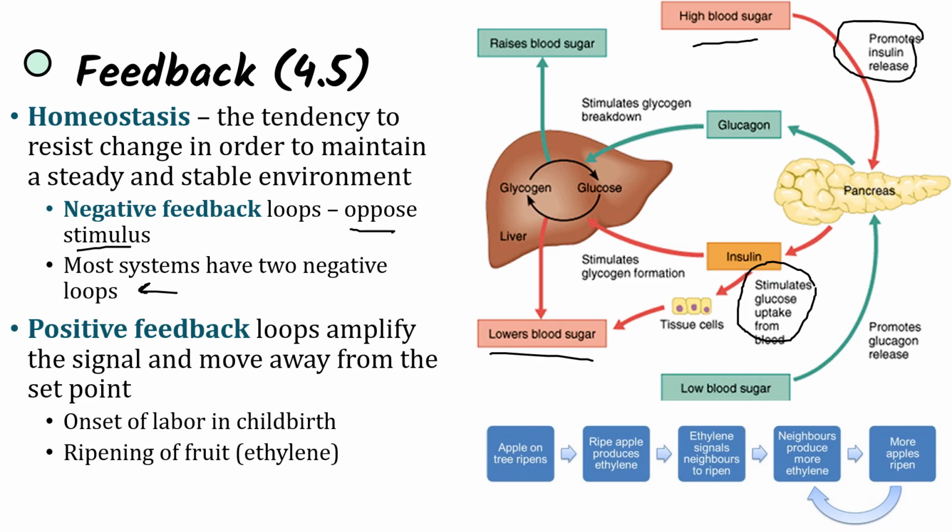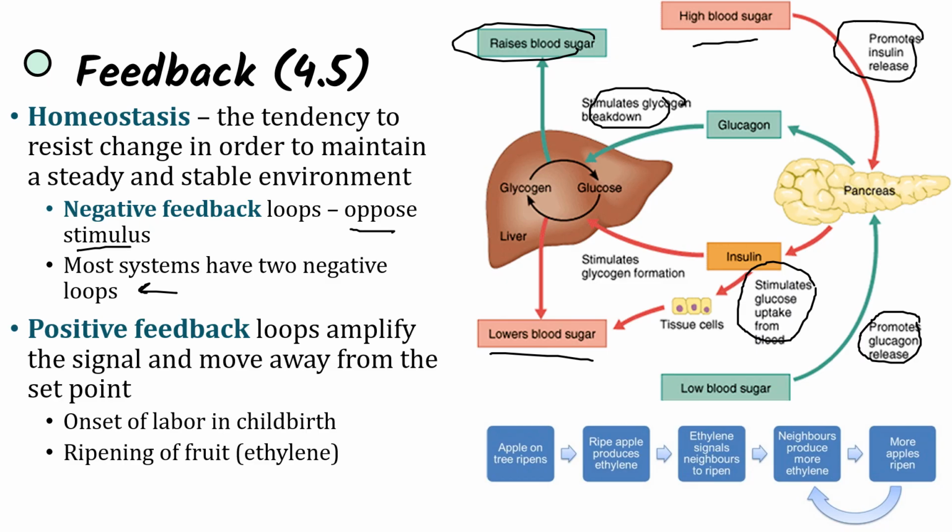Versus when you have a low blood sugar, then we're promoting the release of glucagon, which is then going to break down glycogen and increase blood sugar. So there are two negative feedback loops. And negative feedback does not necessarily mean that we're trying to lower something. It can be that we're trying to raise a value. We're just trying to get back to our set value.